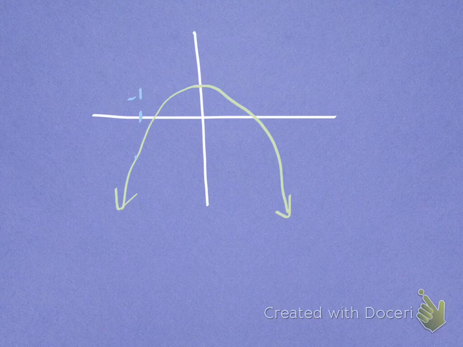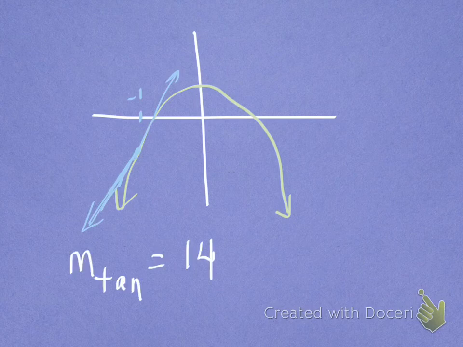So that means we want to look at the slope of the tangent line to f of x at x equals negative 1. So I'll draw that tangent line in there, and certainly the slope is positive, and it seems to be fairly steep. So it's reasonable to guess that, or it's at least not unreasonable, that the slope of the tangent line is equal to 14.